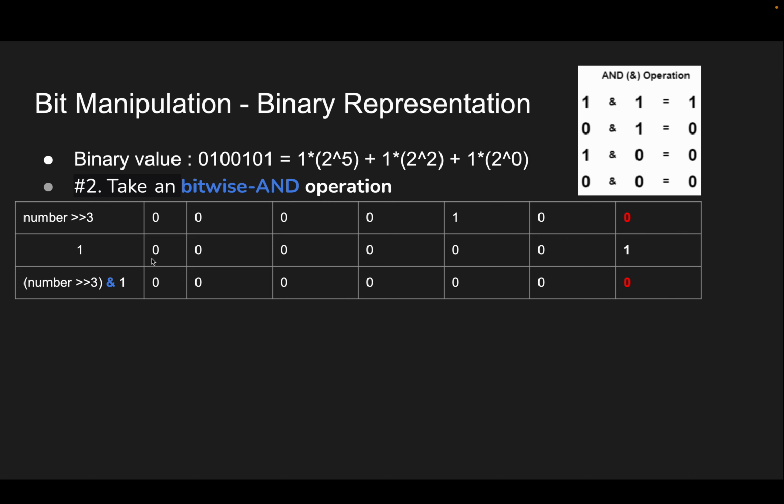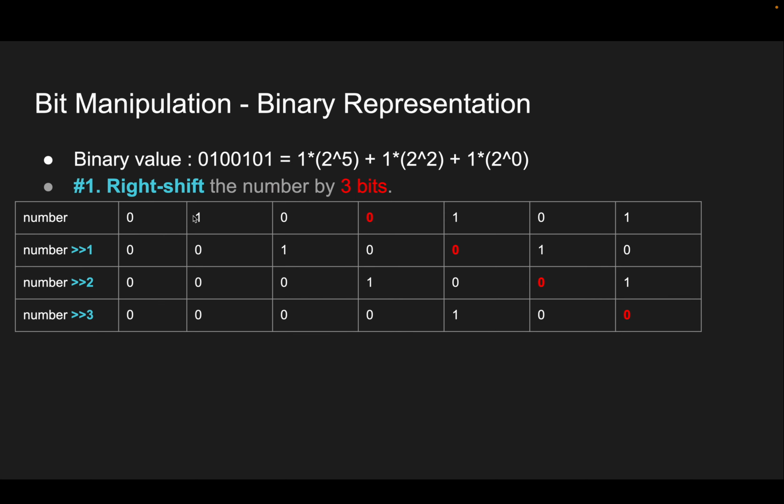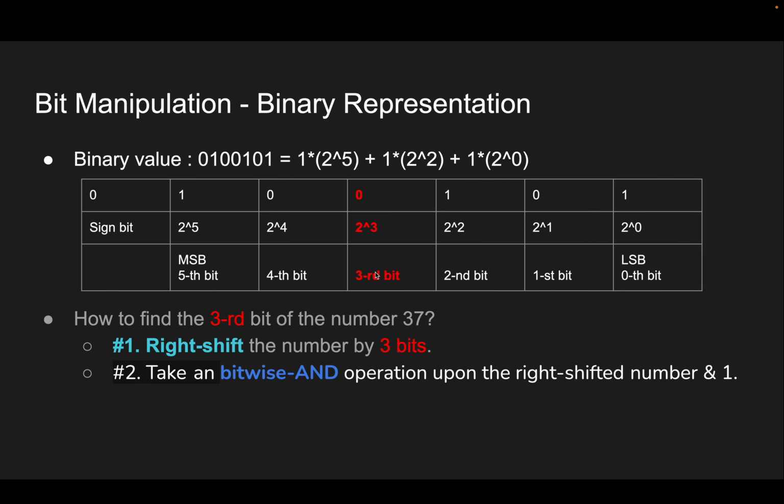Since the binary representation of 1 is 0, 0, 0, 0, 0, 0, 0, 1, and the AND operation between 0 and anything is 0, we can just fill this blank with 0, and the answer we want will be the binary value of the third bit.